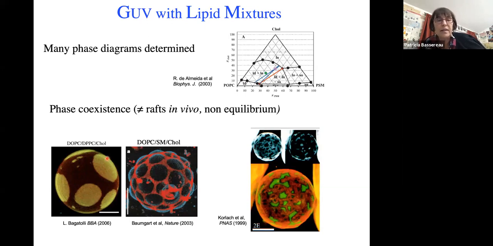And here, this is a coexistence between these two fluid phases, the liquid disordered phase and the liquid ordered phase. And here you can see a case where you are more or less in this part of the phase diagram, and you have these domains which are not round anymore, which is a sign that you can have a gel phase. This is typically what has been done by many groups over, let's say, the last 10, 15, 20 years.